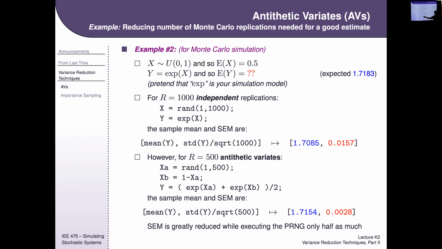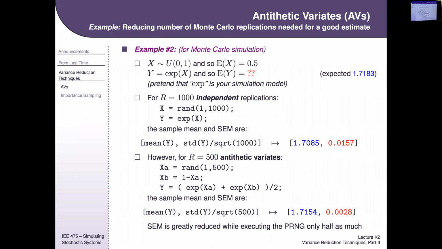I still had to run my model over 1,000 iterations, but if it's costly to draw the random numbers, this actually saved me, assuming my model is relatively easy to run. And regardless, it's probably no more computational time than this one here, and I got a much tighter variance out. So with 1,000 replications, I did much better.